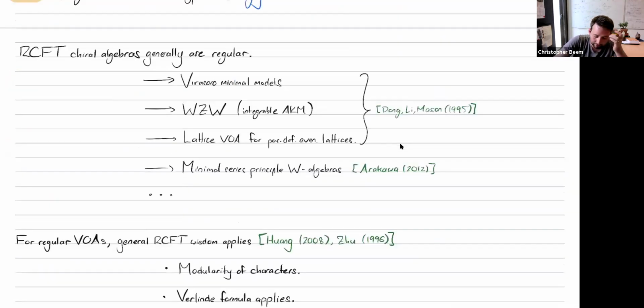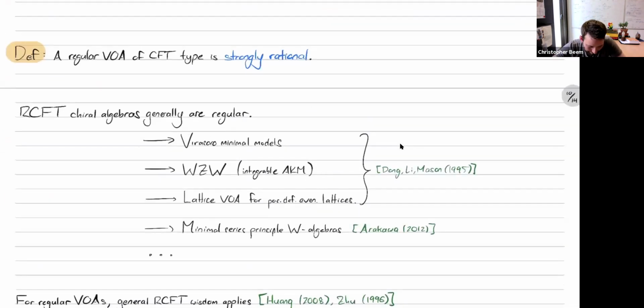The chiral algebras of rational conformal field theories are, you might have thought they were rational. They are rational, but in fact they're regular, and they're actually strongly rational.